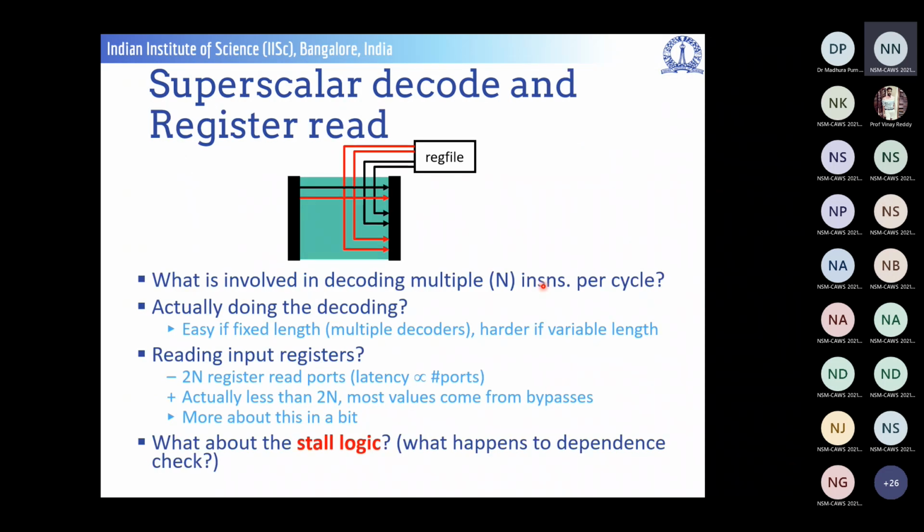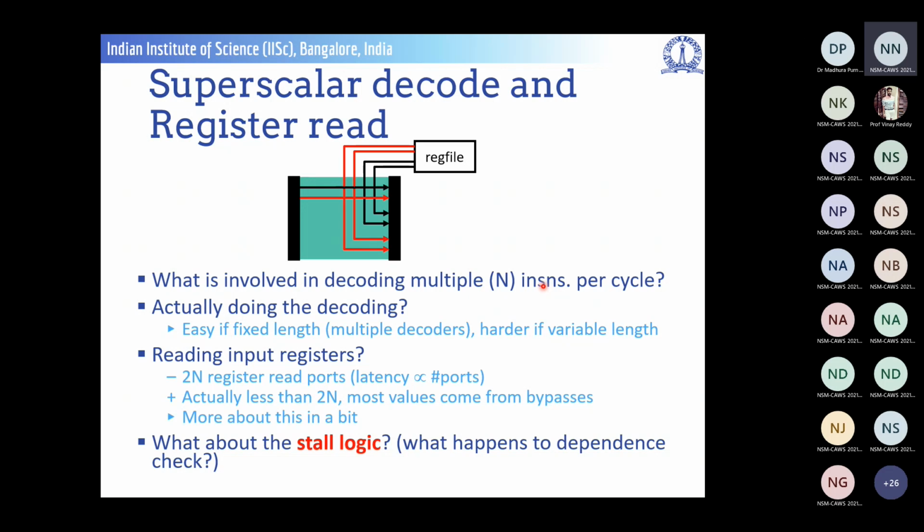So what does it really mean to have superscalar decode and register read? In the case of actual decoding, if the instructions are fixed length, then parallel decoding is not a hard thing. You just have to have multiple decoders. It becomes harder if the instruction sizes are variable length.